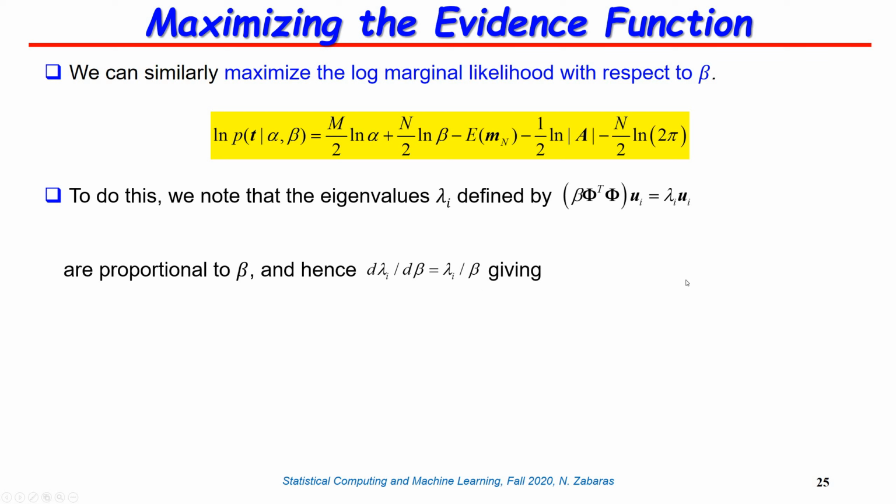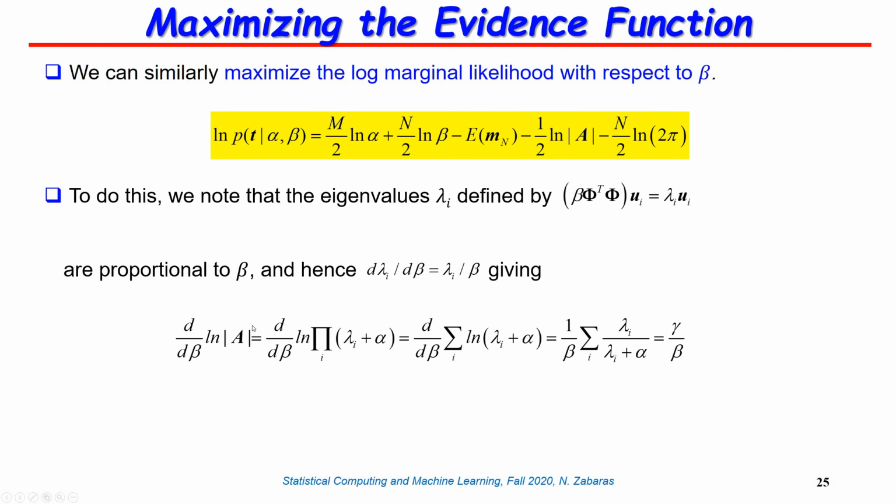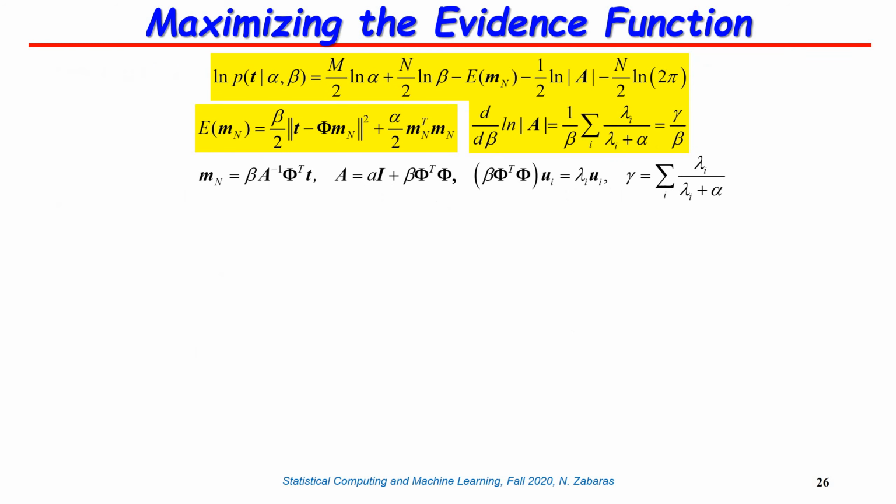Because of this proportionality, in the log of the determinant of A that we had before, I can take derivatives with respect to beta, so this will be 1 over (lambda_i plus alpha) times the derivative of lambda_i with respect to beta, which is nothing else but lambda_i divided by beta, and this whole summation, we call it gamma. So when you differentiate with respect to beta, you get gamma over beta.